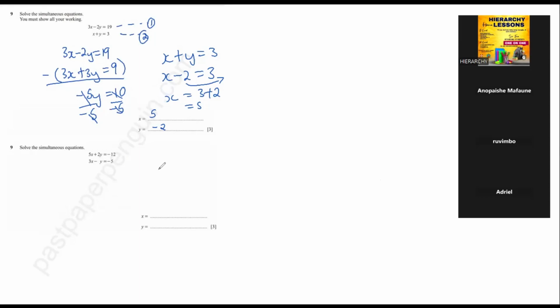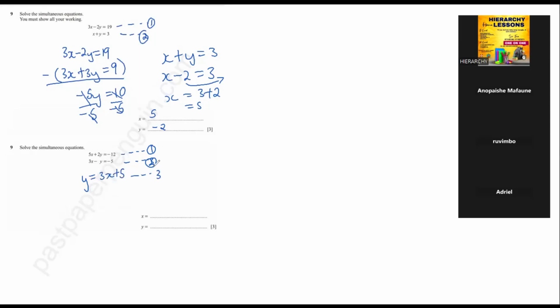So I'm going to make a third equation, saying y equals 3x plus 5. Okay, so I'm making y the subject of the formula. So y is equal to 3x plus 5.